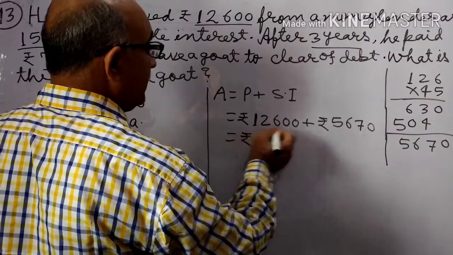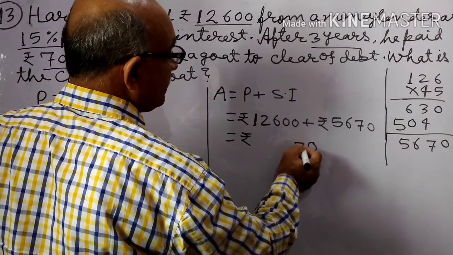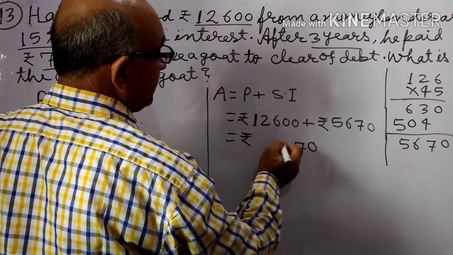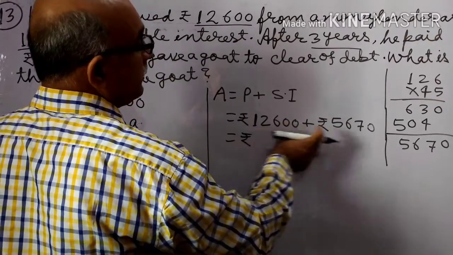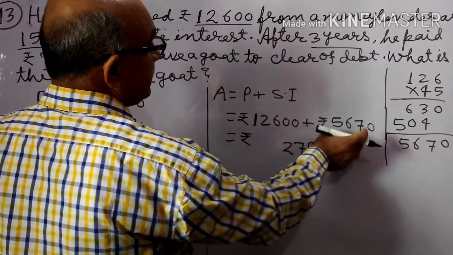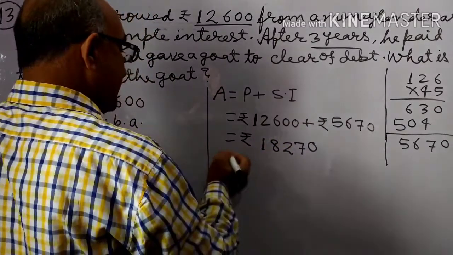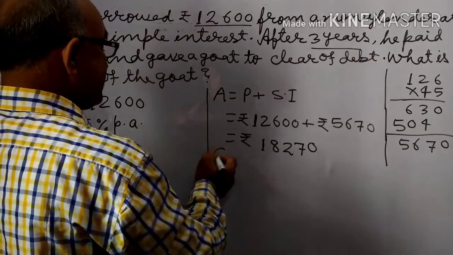Add them: 0, 7; 6 plus 6 is 12, write 2 carry 1; 12 plus 1 is 13, 13 plus 5 is 18. So 18,270 is the total amount.